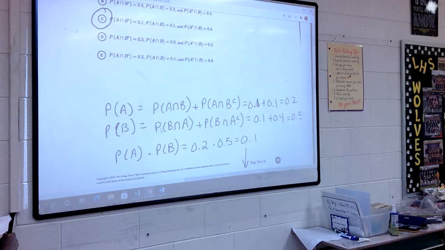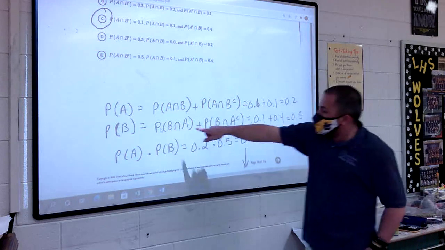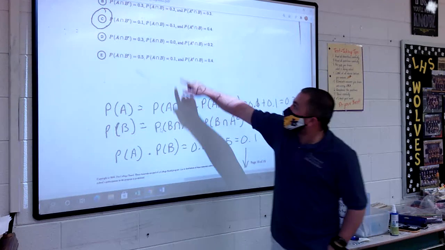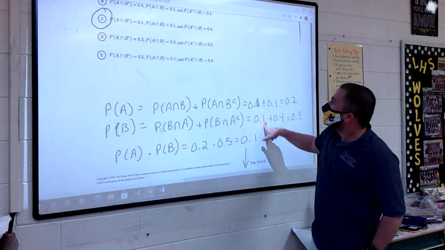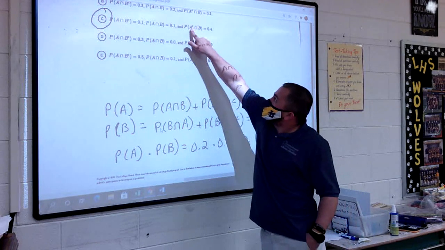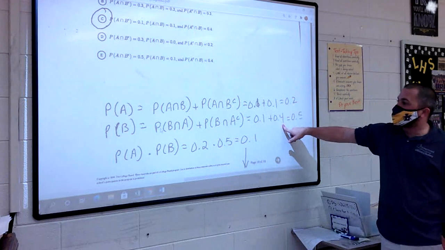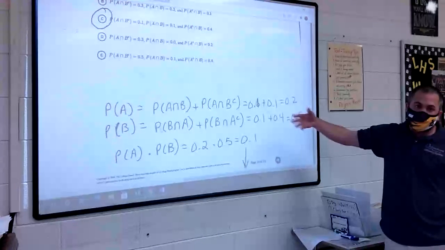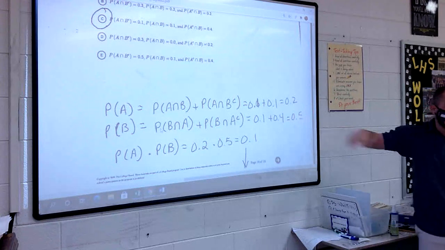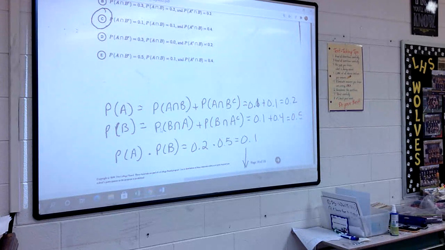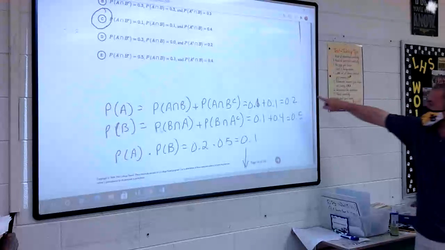Okay, for B, we know that B and A happen together 10% of the time, and we know that B happens without A 40% of the time. So the chance of B happening at all is 50%. Again, this is a harder one, but you can comprehend it if you get those symbols. Now, the probability of A happening is 20%.